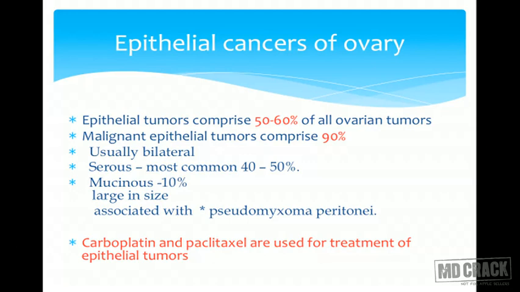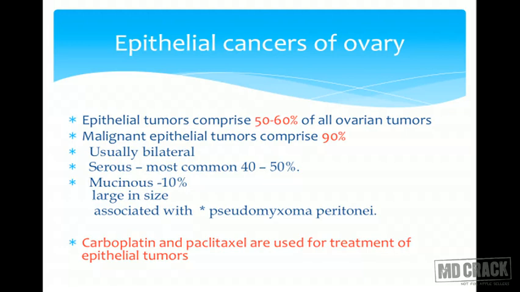Now in epithelial, whatever types we have seen, the serous variety is most common, almost 40 to 50%. And mucinous is 10%. Large in size, mucinous tumors have a mucin-like substance in them. They form big tumors, maybe sometimes loculated, having septations, and if they rupture, that gives rise to pseudomyxoma peritonei.